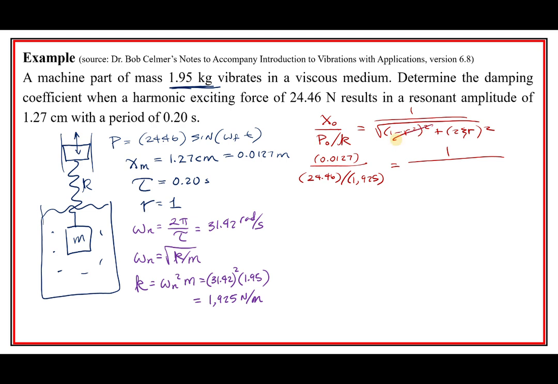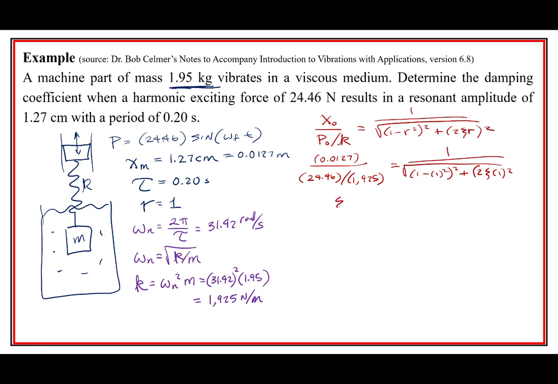So that goes away. Maybe I should write that out anyway: square root of 1 minus 1 squared. Doesn't matter, right? And then 2, and then squiggle times 1 squared.